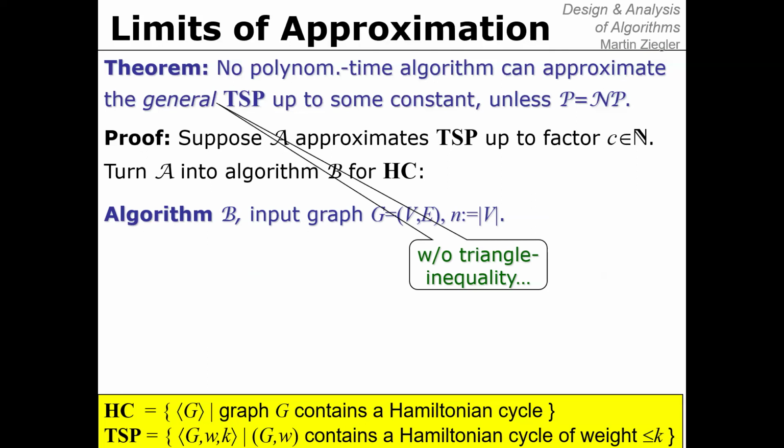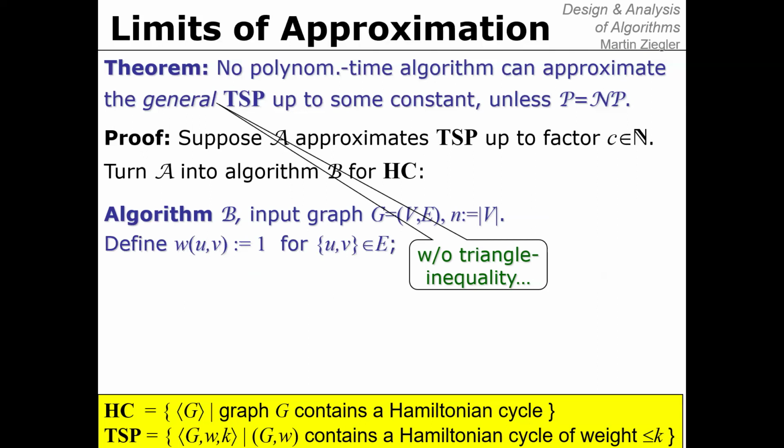This is technically not a reduction, but the idea is of course the same. So what does the algorithm B do? It takes the non-complete unweighted input graph and turns that into a complete weighted graph on which it then runs the hypothetical algorithm A.